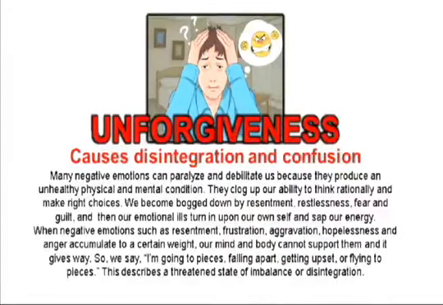When negative emotions like resentment, frustration, aggravation, hopelessness, and anger accumulate to a certain weight, our mind and body cannot support them, and it gives way. So then we say, I'm going to pieces, I'm falling apart, I'm getting upset, or I'm flying to pieces. This describes a threatened state of imbalance or disintegration.